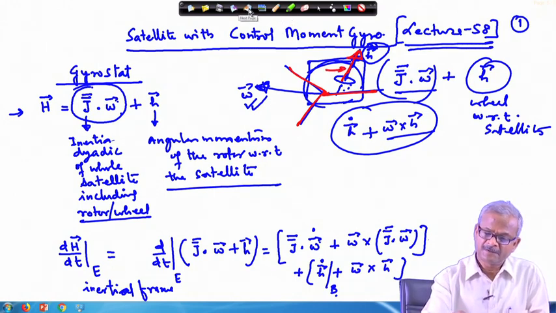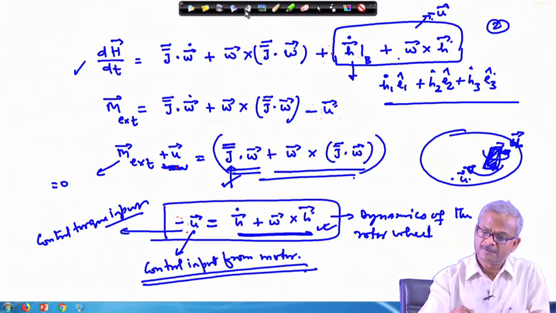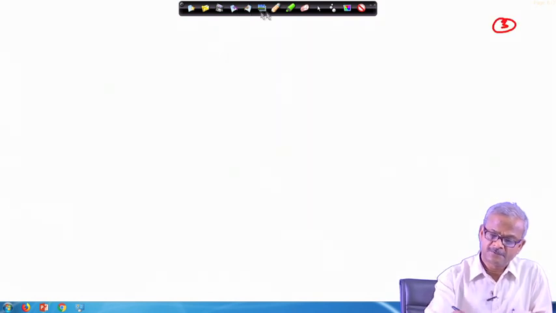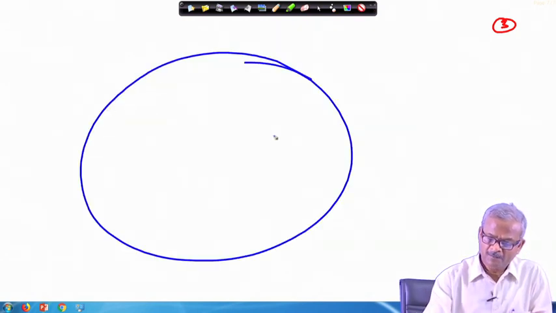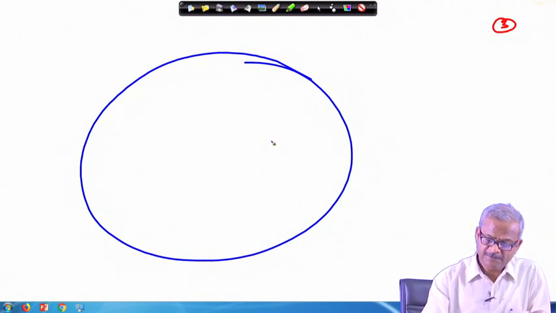However, in the case of the control moment gyro satellite, you have the satellite here, and as you have seen, your rotor is changing its direction.